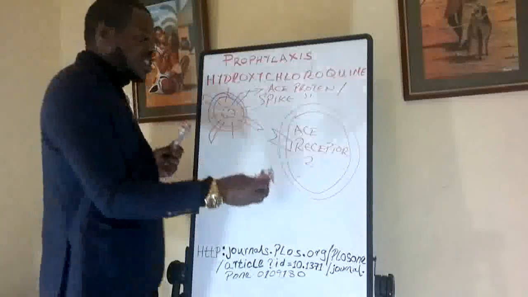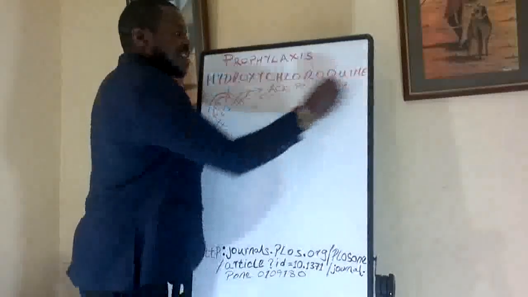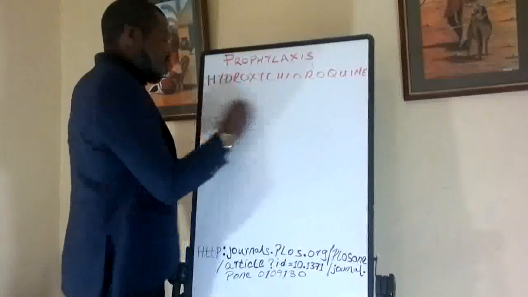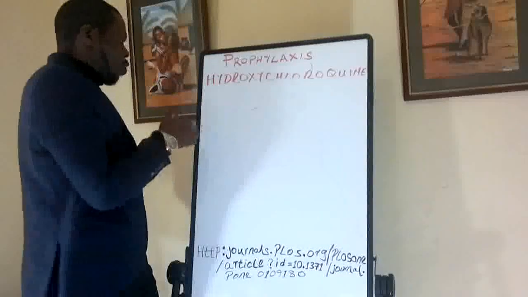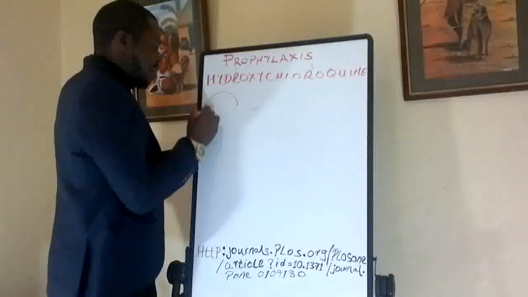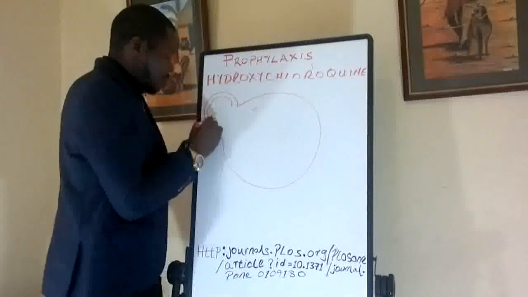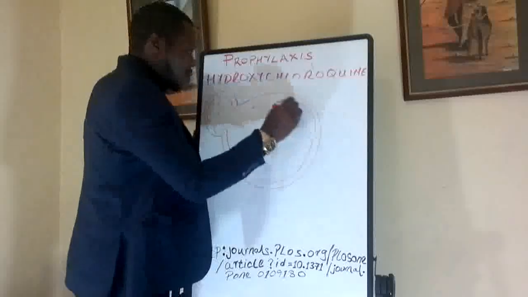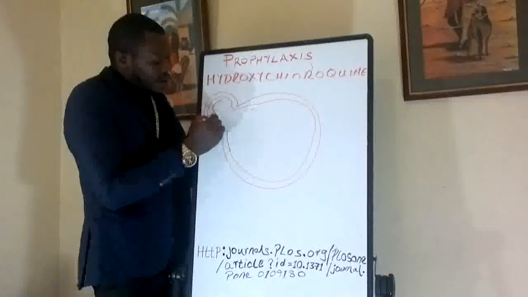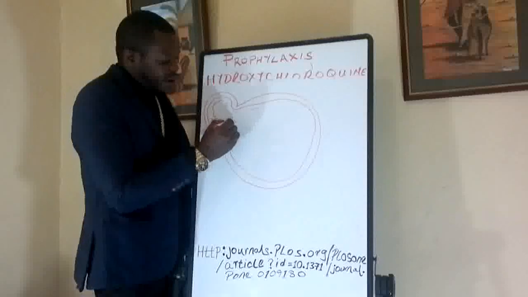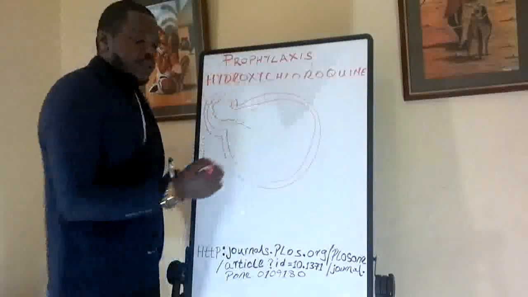So once it has attached itself to the S receptor 2, the cell allows the virus into the cytoplasm. So this is the virus and this is the cell. The virus, remember there was an RNA inside the virus. It releases its RNA into the cytoplasm of the cell.